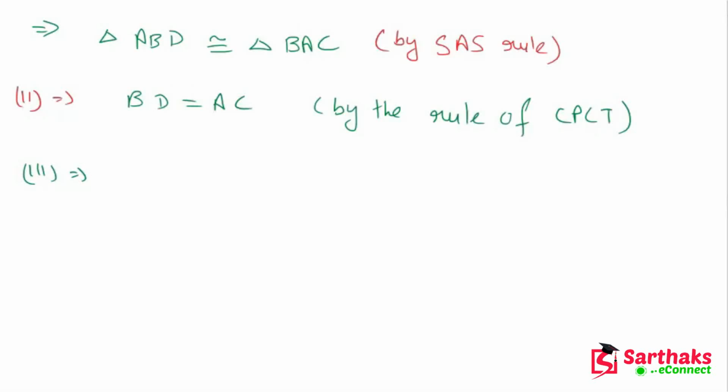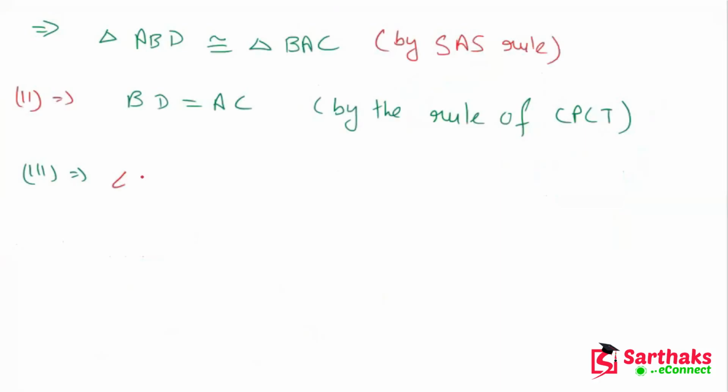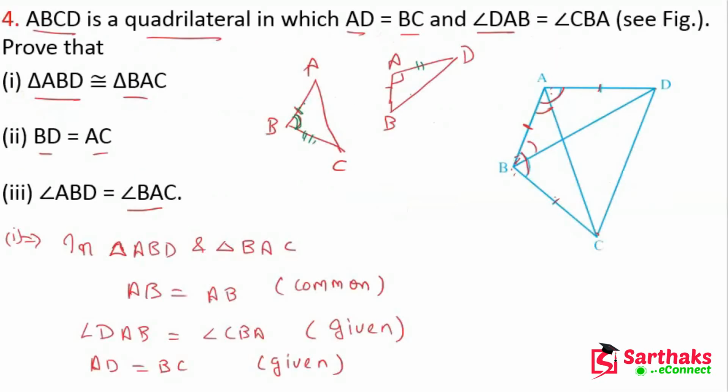Now third, angle ABD is equal to angle BAC. This is again by the rule of CPCT. Angle ABD and angle BAC are corresponding parts, so they are equal by the CPCT rule.